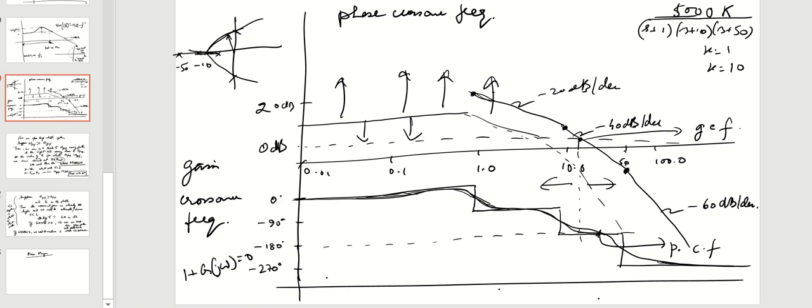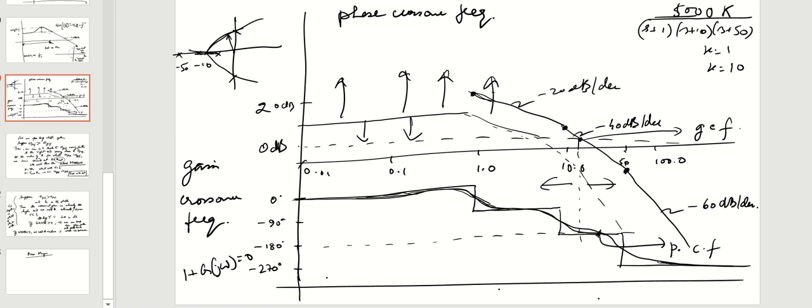By the same token, over time the system suffers the ravages of time and these poles and zeros shift. Maybe this phase crossover frequency also shifts to the right by some manner. We don't know exactly what sort of changes in poles and zeros will lead to that, but suppose the phase crossover moves around.